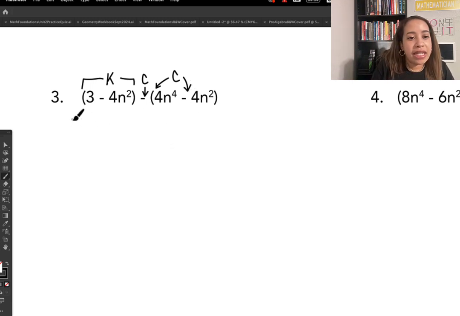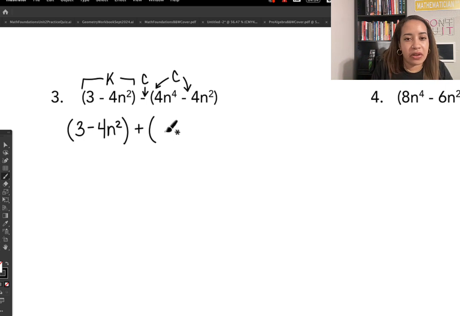So I am keeping our first polynomial, 3 minus 4n squared. We change from a minus to a plus, and we change the signs in our second polynomial. Instead of a positive 4n to the 4th, we will write negative 4n to the 4th power.